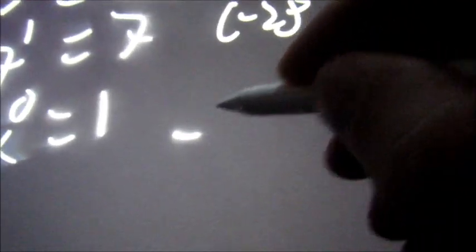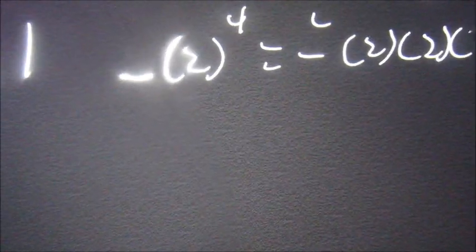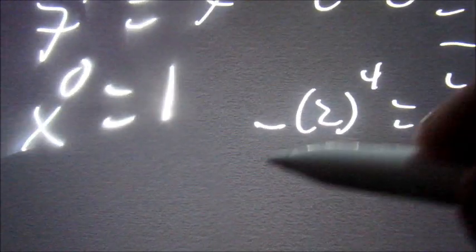Let's say though that we have negative 2 like this, raised to the 4. That's negative times 2 times 2 times 2 times 2. You'll probably see this one though as just negative 2 to the 4 like this. And again, that means negative 2 times 2 times 2 times 2.